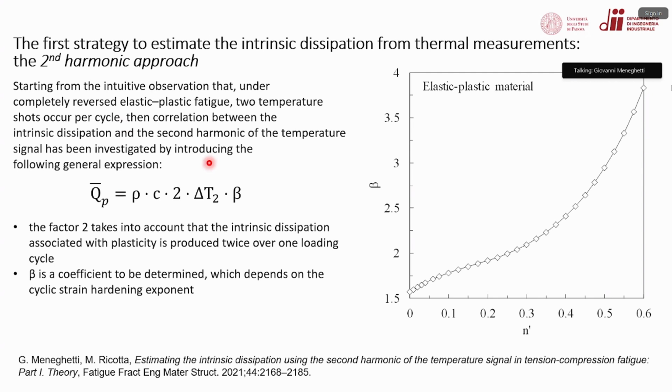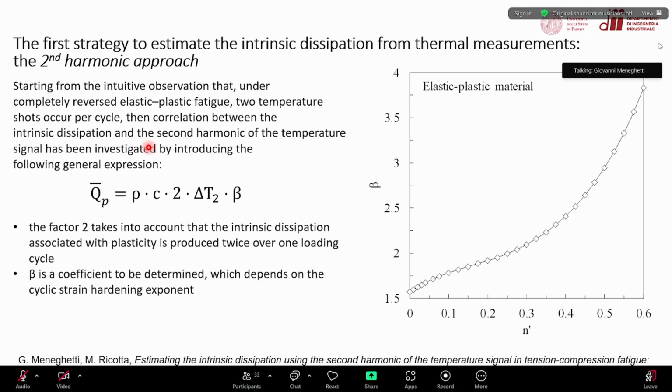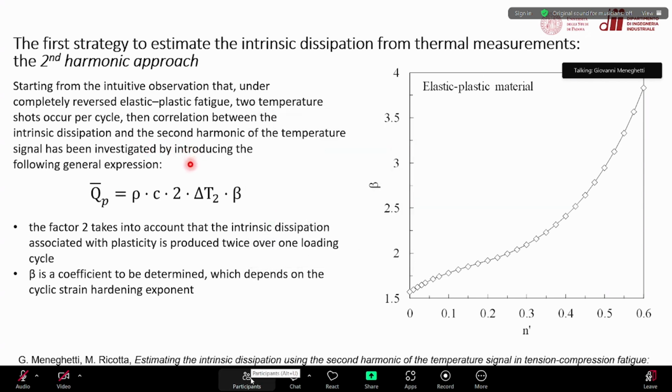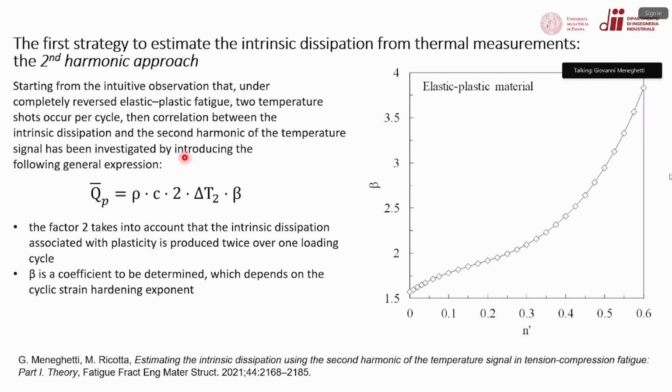So if you consider the relation between the intrinsic dissipation and the second harmonic approach, you have the temperature signal varying according to the testing frequency, and you have a second contribution of the thermal signal, which varies at twice the frequency of the applied load.